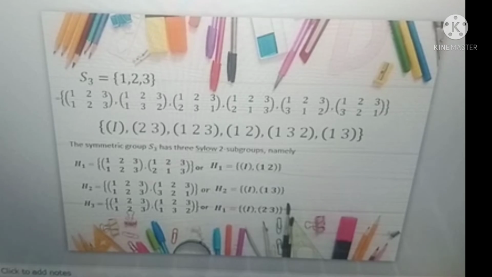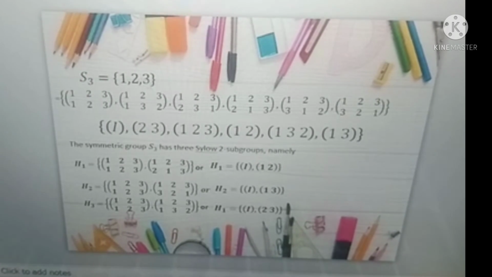Since it is a permutation group, we have 3 factorial ways that we can permute the elements, no? So 3 times 2 times 1 is equal to 6. So this symmetric group has 6 elements, right? Kindly take a look at the screen. We have the 6 elements.